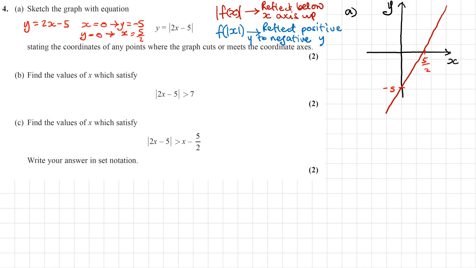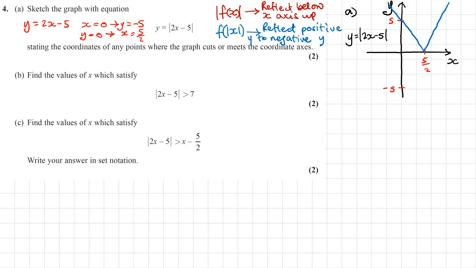Now we take the part of the graph which is down here and reflect it up. When it gets reflected up, it's going to cross at positive 5, so I will put positive 5 here, and then my graph is going to look like this. It goes down and then bounces back up and finishes like that. I take out the original line, and there's our sketch of the graph of y is equal to the modulus of 2x minus 5.